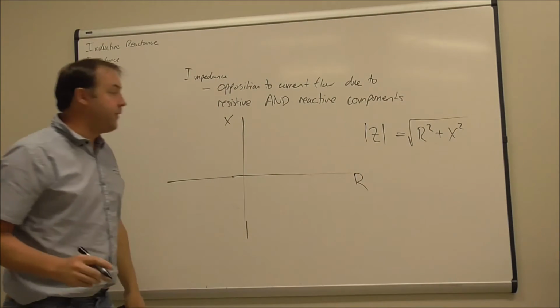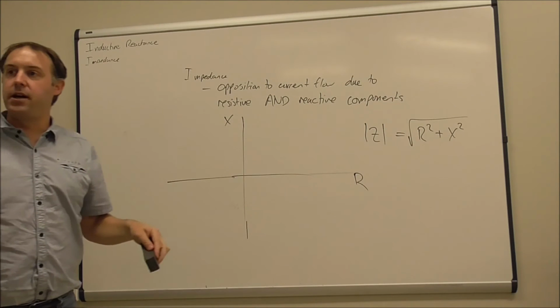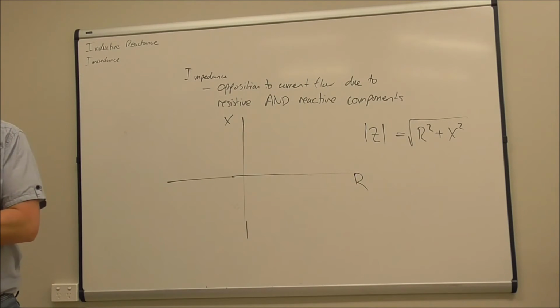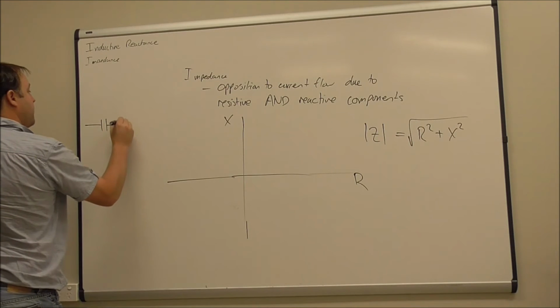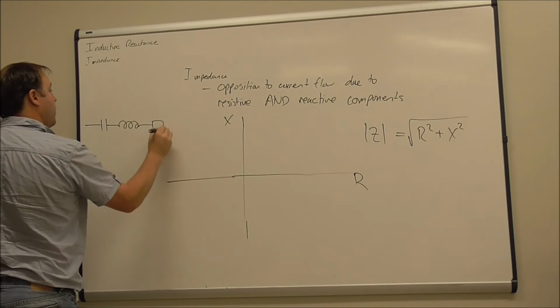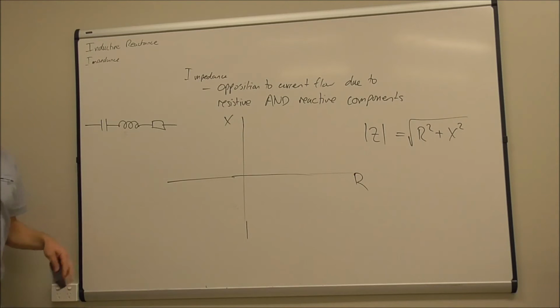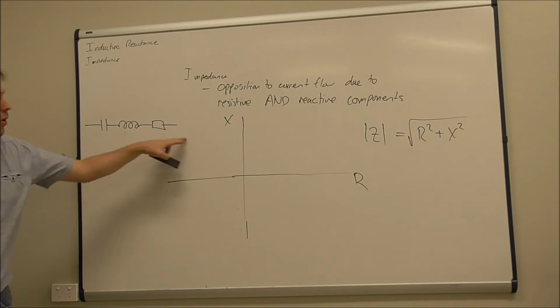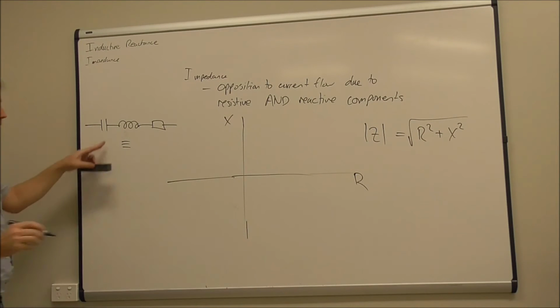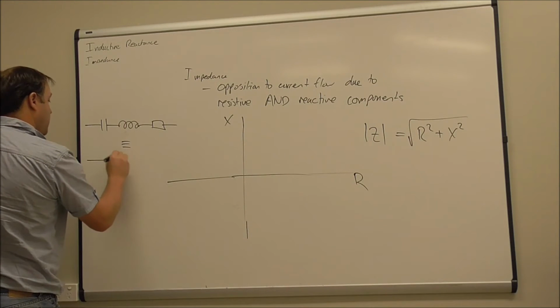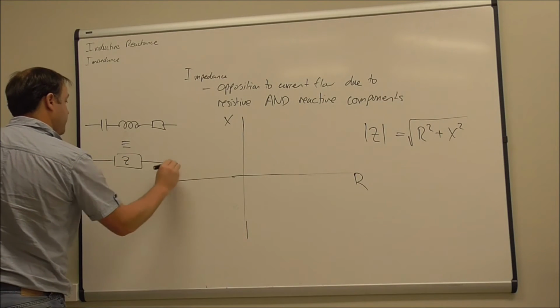Let's say I have a resistor and a capacitor and an inductor all together, so a circuit like this. Okay, to find the total impedance of all of these things together, I can say that's an equivalent circuit to that.